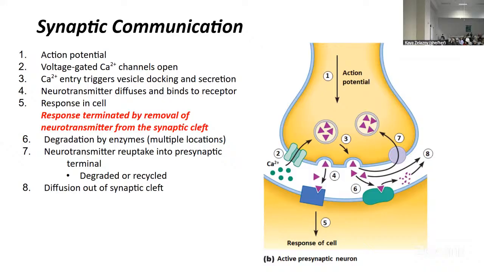So those are the different steps here. We've numbered these two pathways for getting rid of neurotransmitters, but they'd really both be happening at once. They're two parallel ways we're removing neurotransmitter.